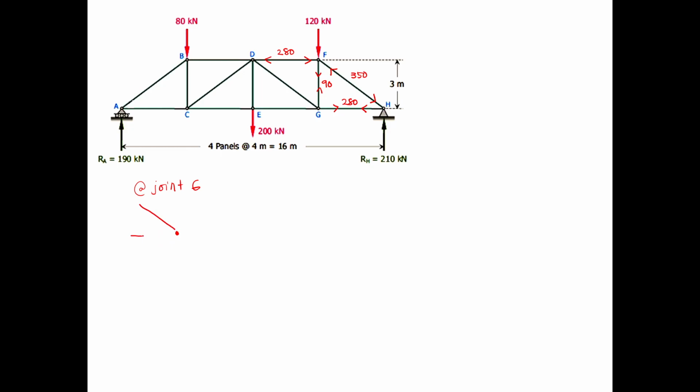This one is the horizontal component EG. This is the vertical component 90, so in tension, so moving away from the joint, 90 kilonewtons. Then moving away also is your 280 kilonewton force coming from HG.